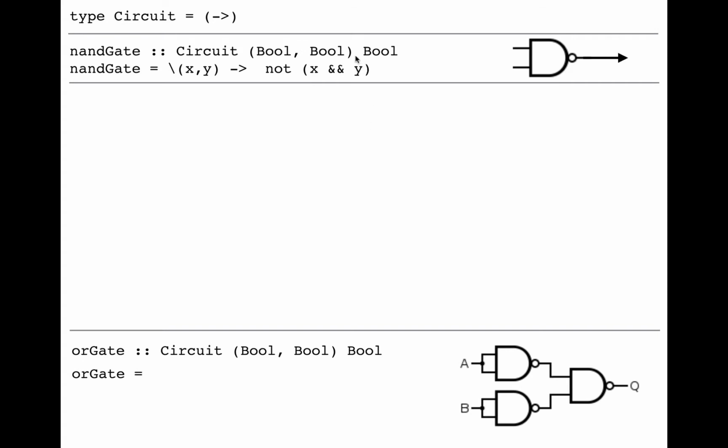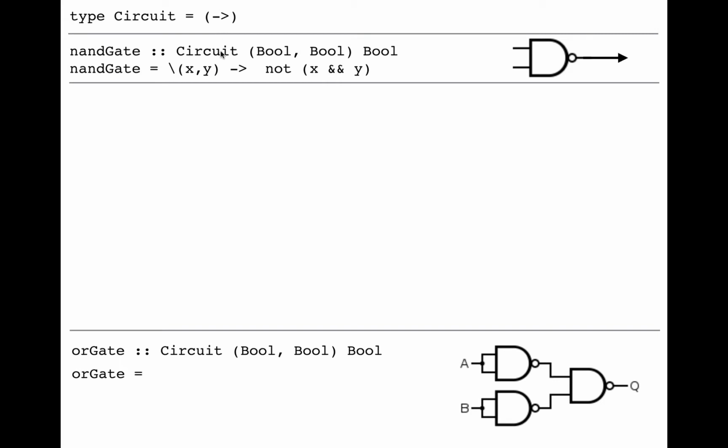And basically in Haskell this circuit is a data type, and in this case this circuit is just function application.